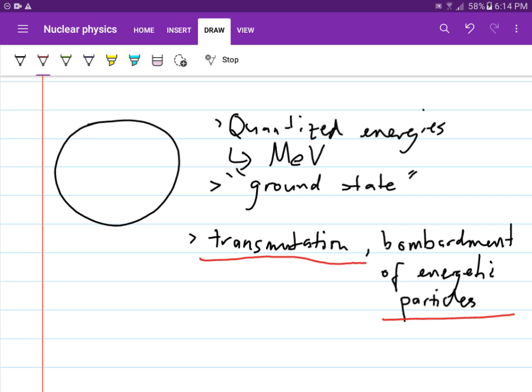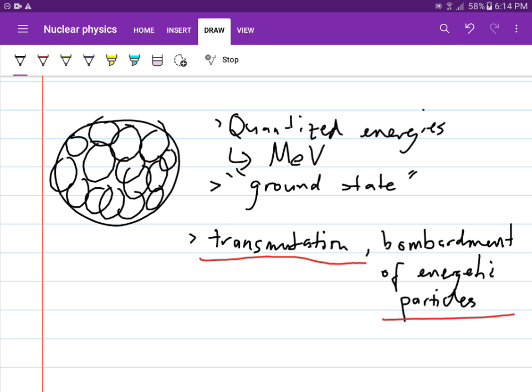You can think of the nucleus as having protons and neutrons inside, and moreover inside the nucleus there are also energy levels, which are quantized. When the nucleus is in an excited state, it would normally want to go back to its ground state and release some form of energy.